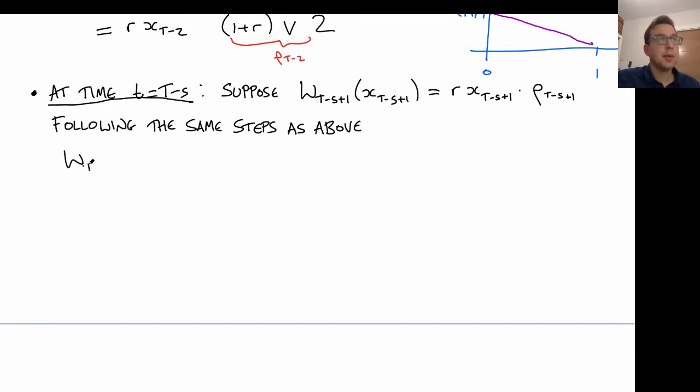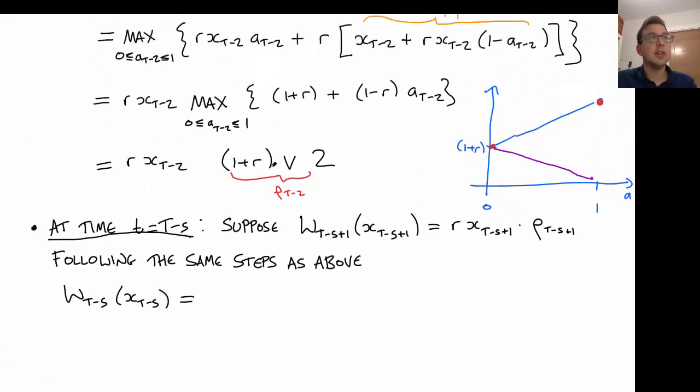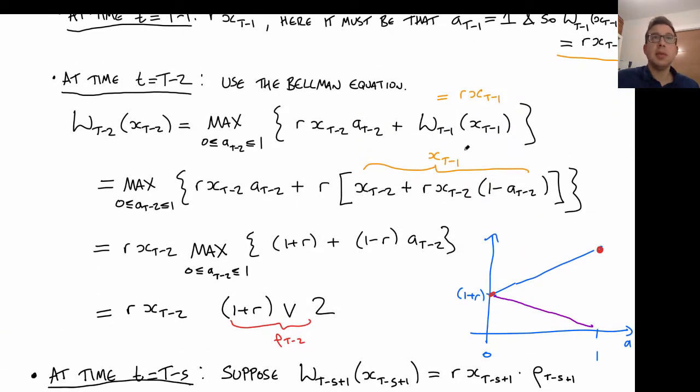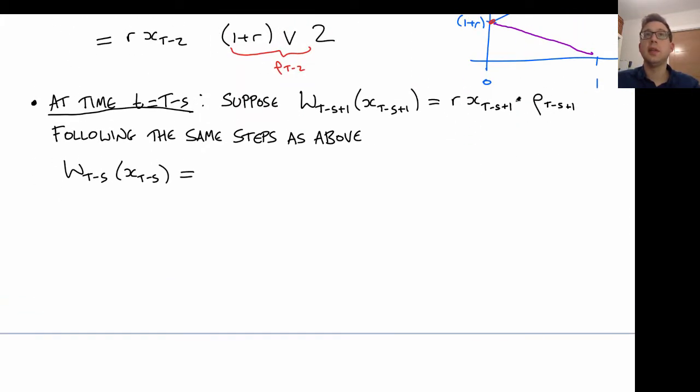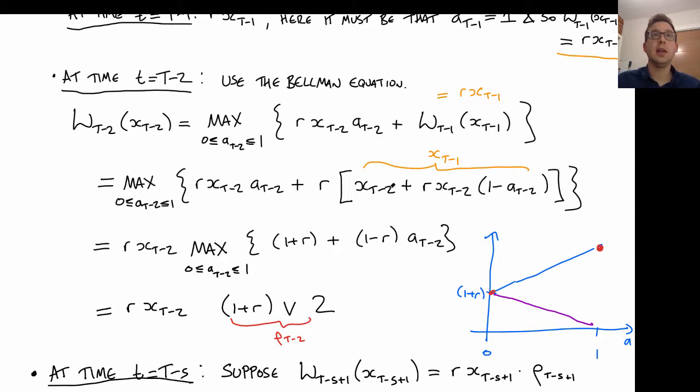Notice that W of t minus s is equal to, well, I could arrive at a similar Bellman equation expression. I'd substitute in the form of the next reward function, then I could apply the plant equation and then rearrange to get a new expression, right?